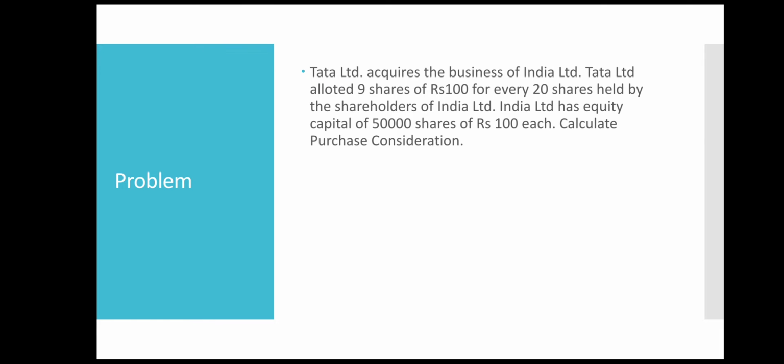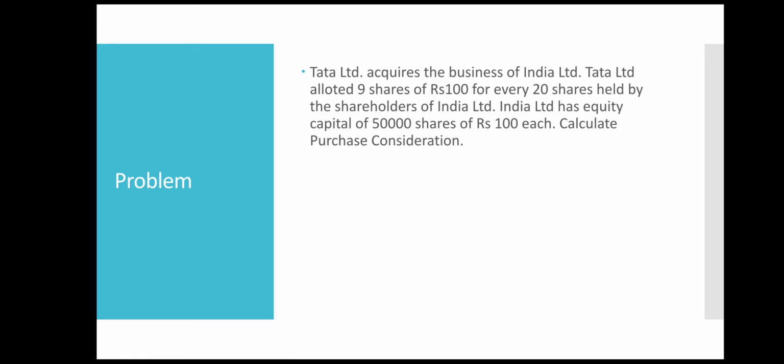Tata Limited allotted 9 shares of rupees 100 for every 20 shares held by the shareholders of India Limited. So Tata is saying that for every 20 shares held by the shareholders of India Limited, the company is going to issue 9 shares. This is the ratio.